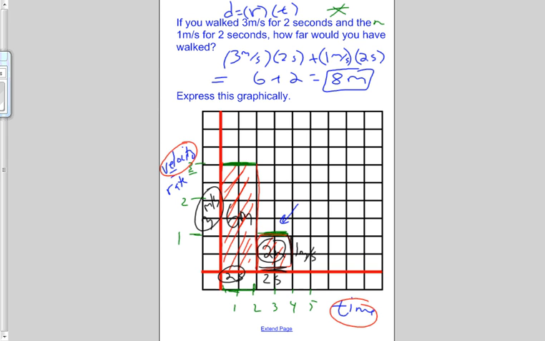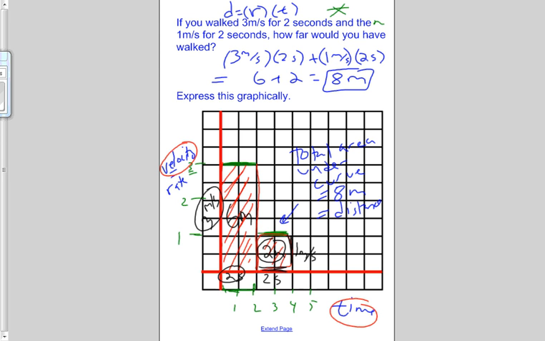That's the distance I went. So the total area under the two velocity curves equals 8 meters, and it equals our distance.